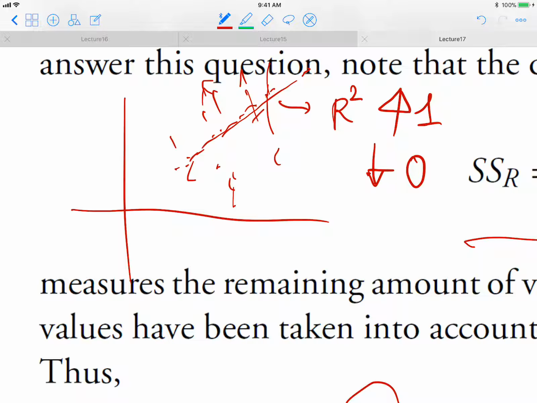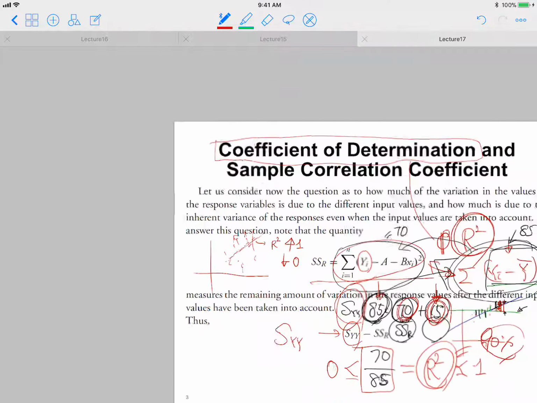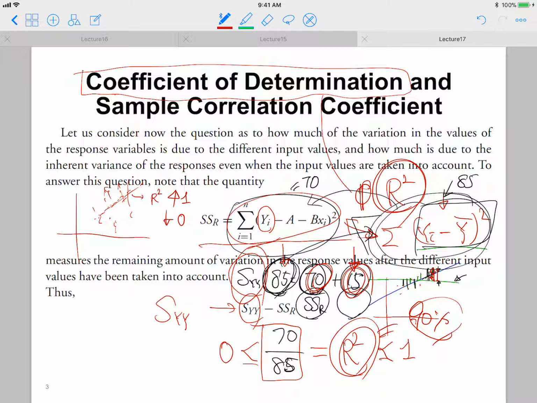And you remember that we studied quite a similar idea when discussing the correlation coefficient, right? So the correlation coefficient is something that we already studied.